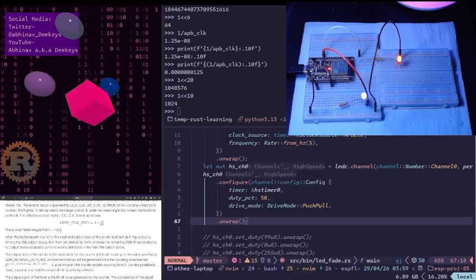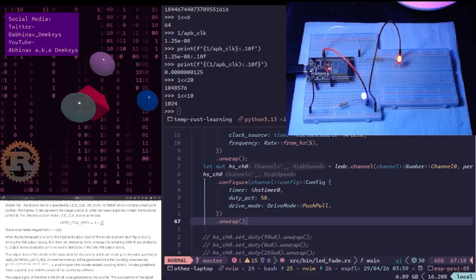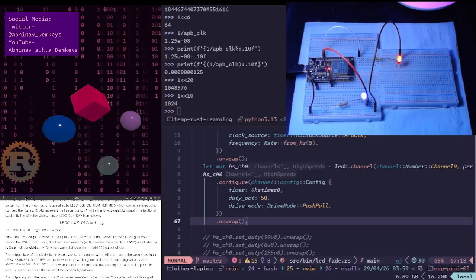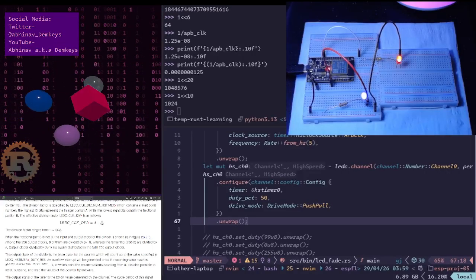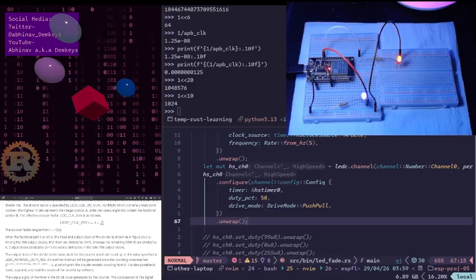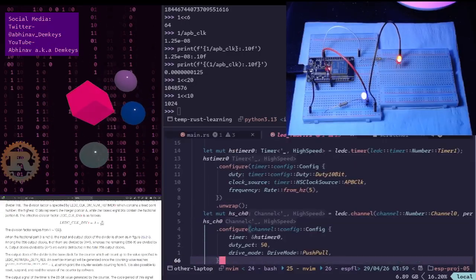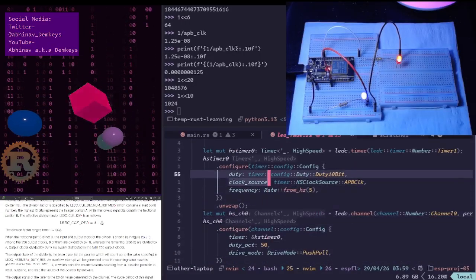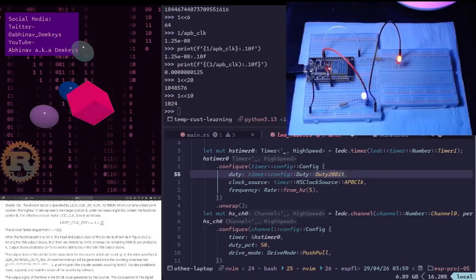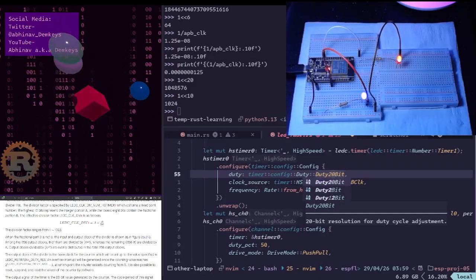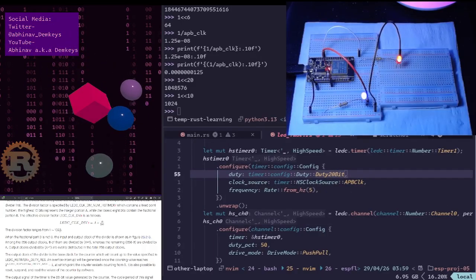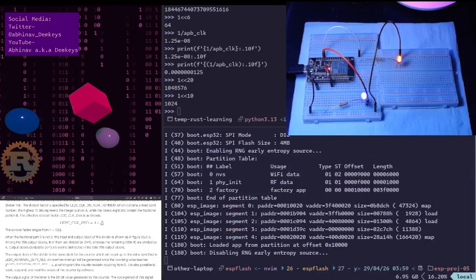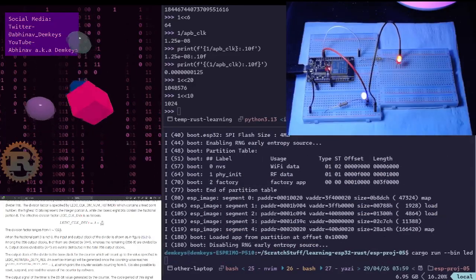So it's not supposed to be blinking. I'm surprised that the thing is on at all. I was expecting it to not turn on at all, but it turned on. In reality, let me show you what it's supposed to be doing. In reality, it's supposed to be doing this. Let me upload this, and you should see it blinking now.